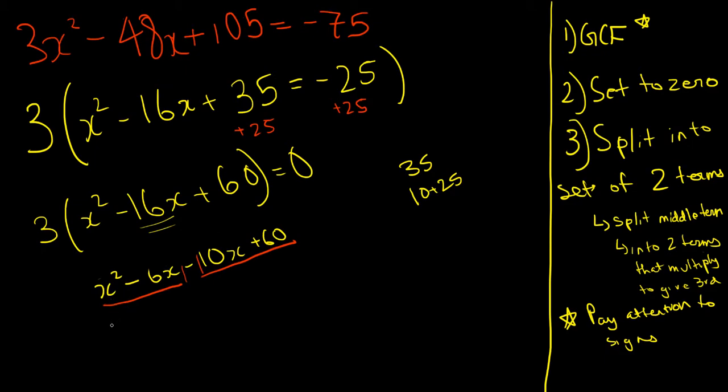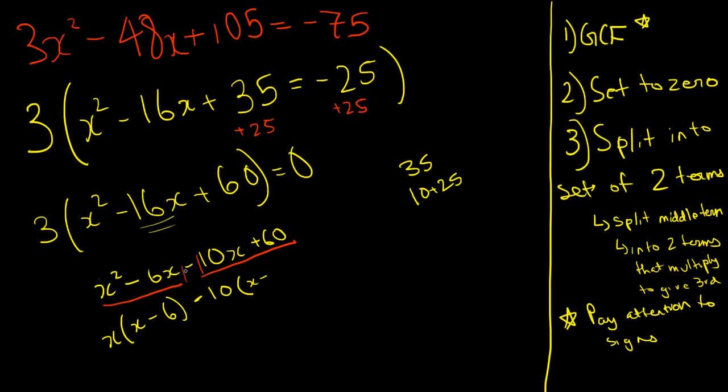So this will be x times, if we can pull an x out of these two terms. So we're going to put x, and what do we have left? x minus 6. And then we have the negative, and then what goes into 10? What is the common factor between these two? Well, it's 10. So minus 10, and -10 goes into 10x, -10x, x times.